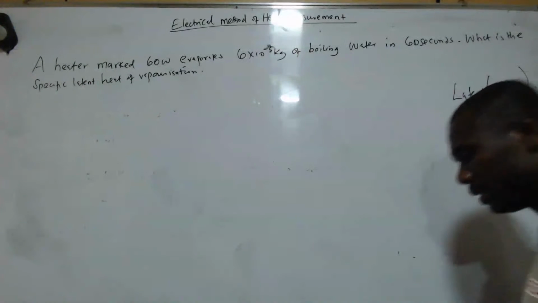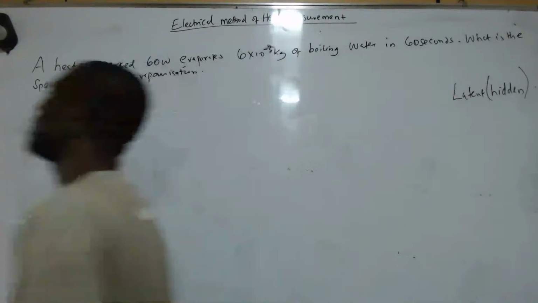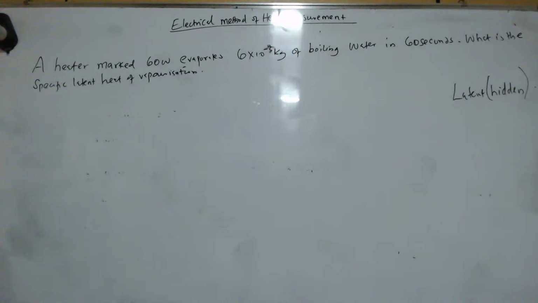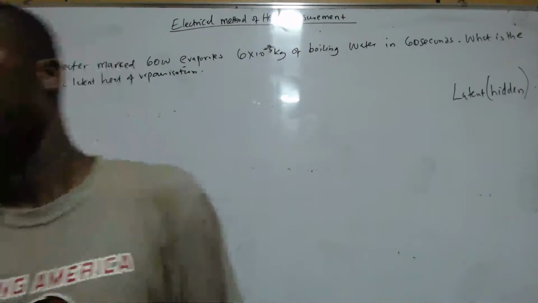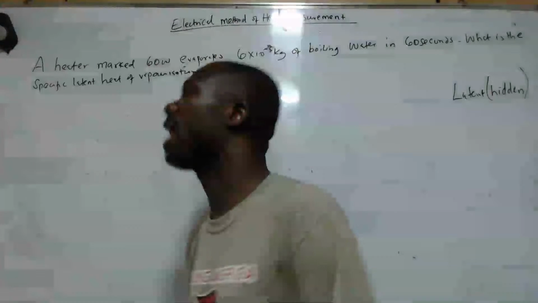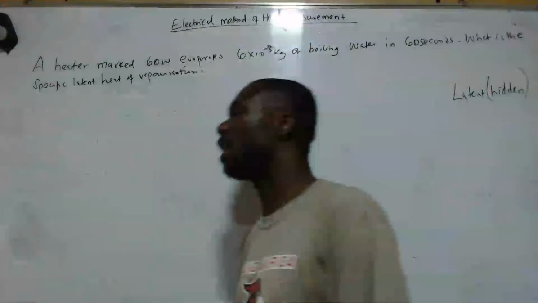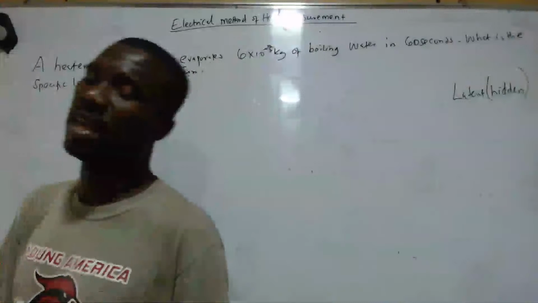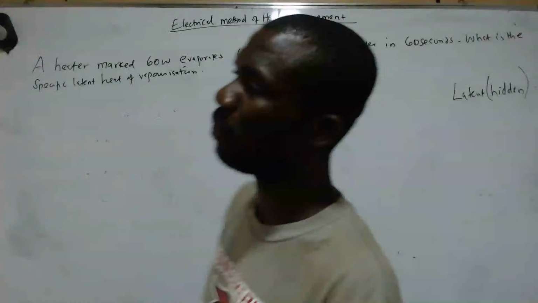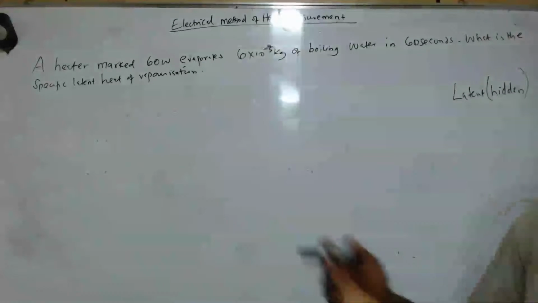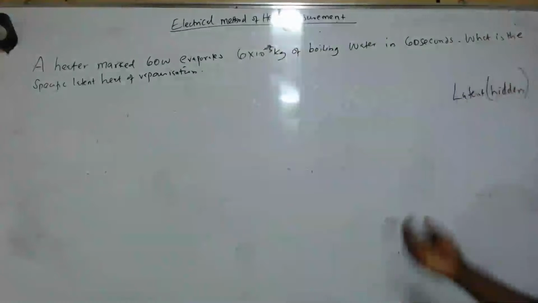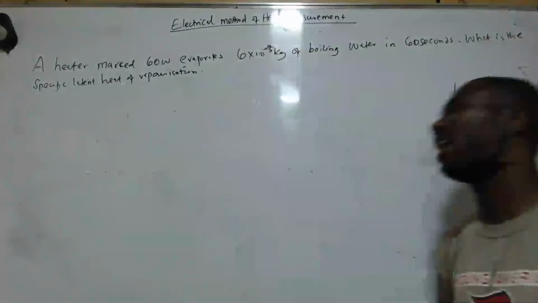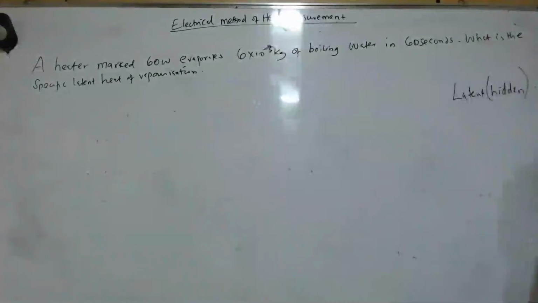Something that is unseen, something that is uncovered, something that is being shielded or protected or screened. It is a heat that causes change of state without changing temperature. But let's first of all analyze this calculation. I will come over to that.